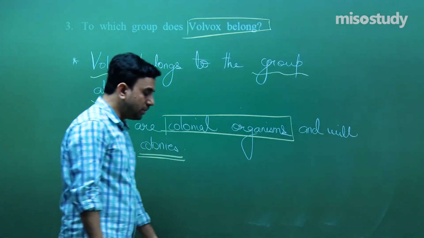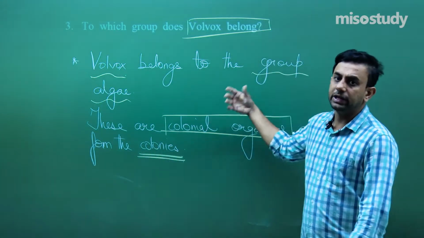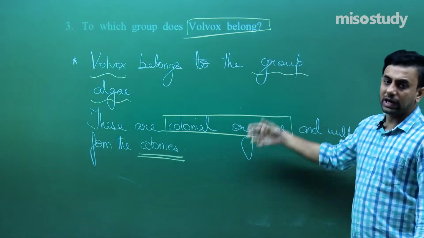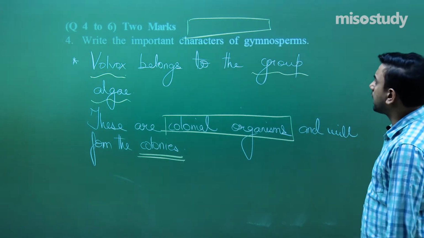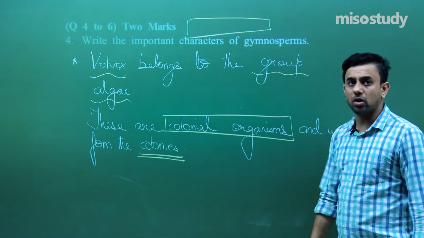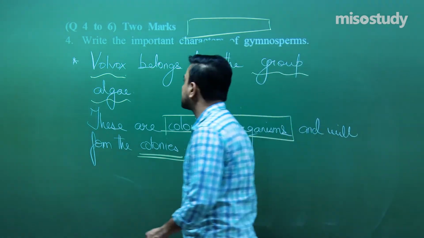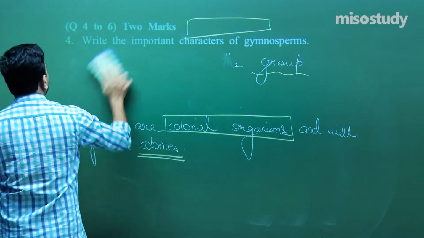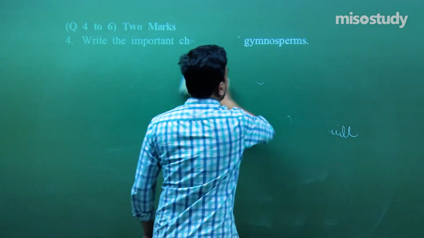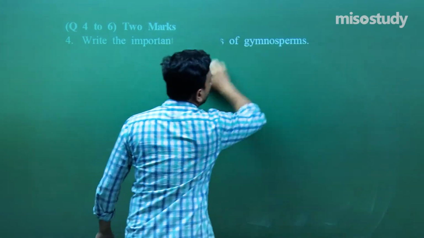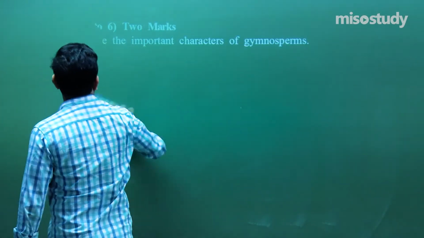Now we will be moving on to the 4th question, which is of 2 marks: write the important characters of the gymnosperms.